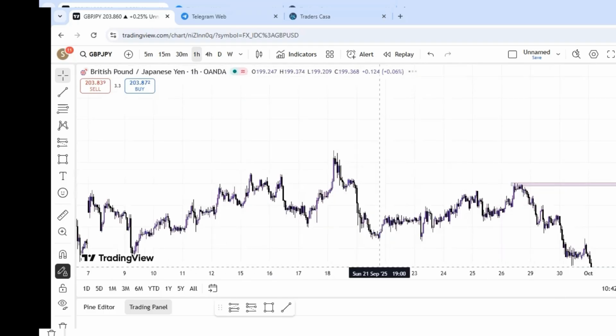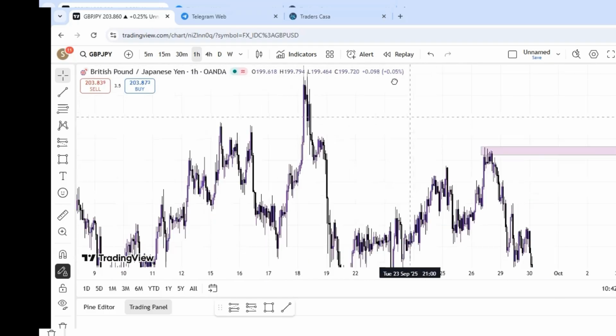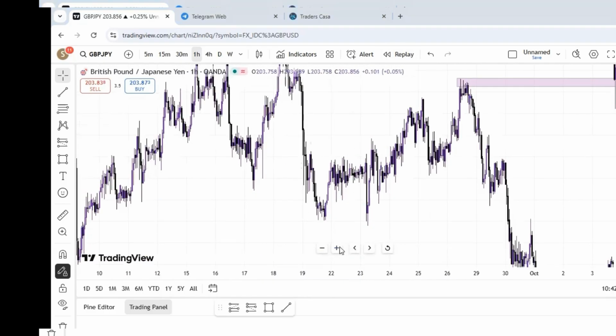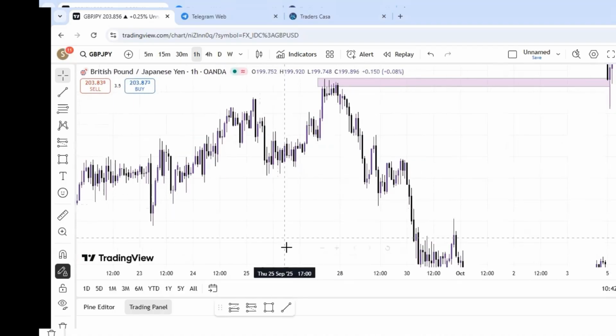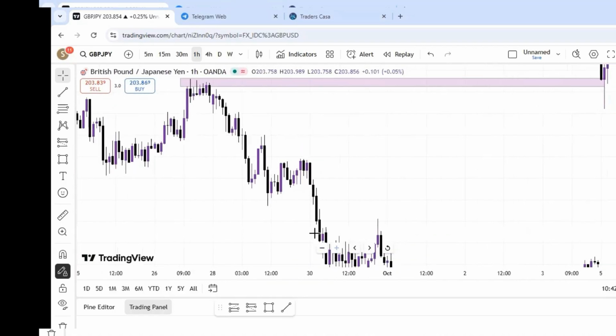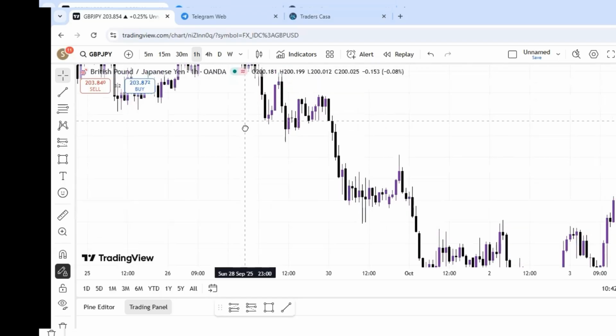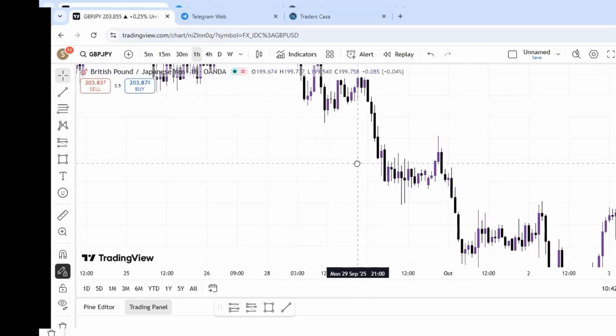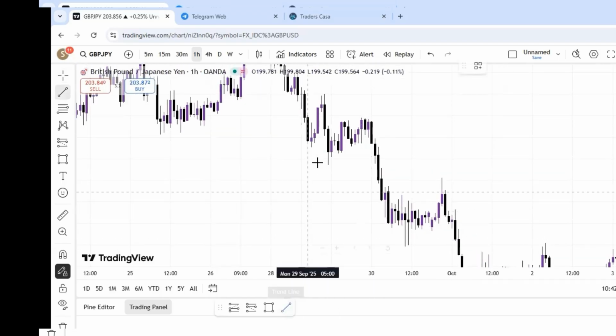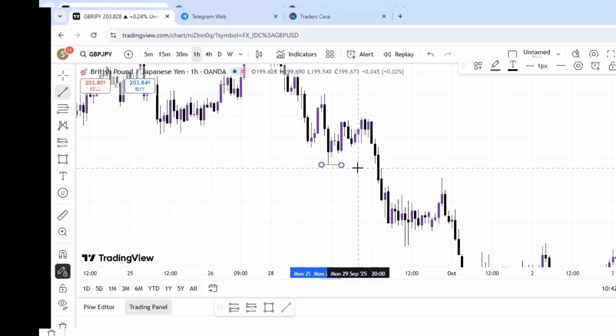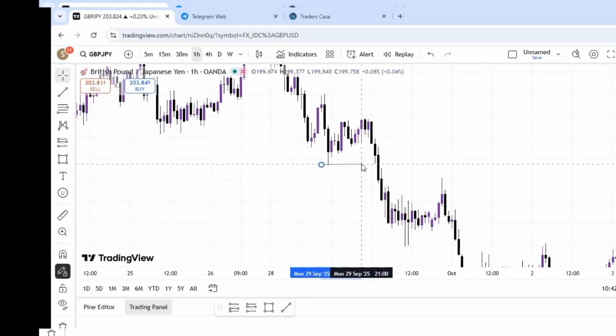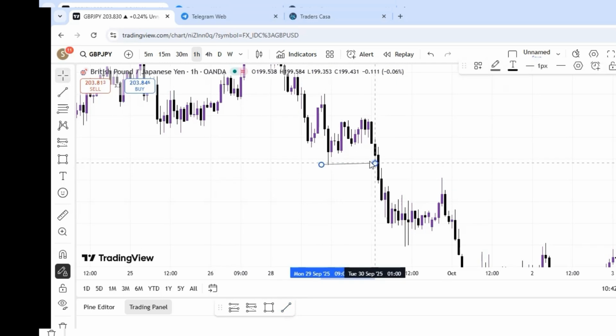So let me see if I can see another liquidity setup. One or two liquidity setups, then we'll call it a day. Okay, let's quickly do this. This is a break of structure. A break of structure.